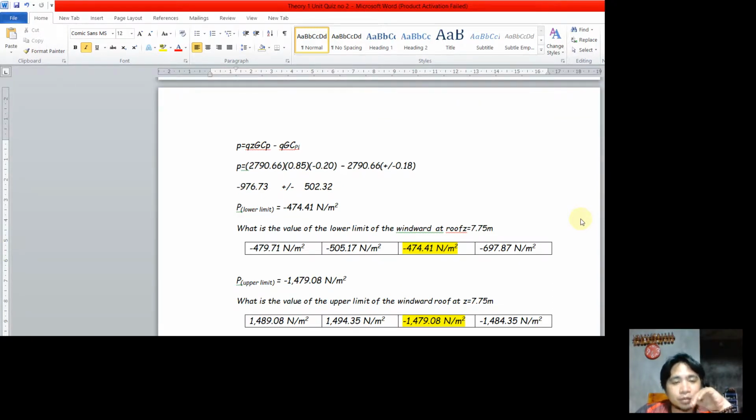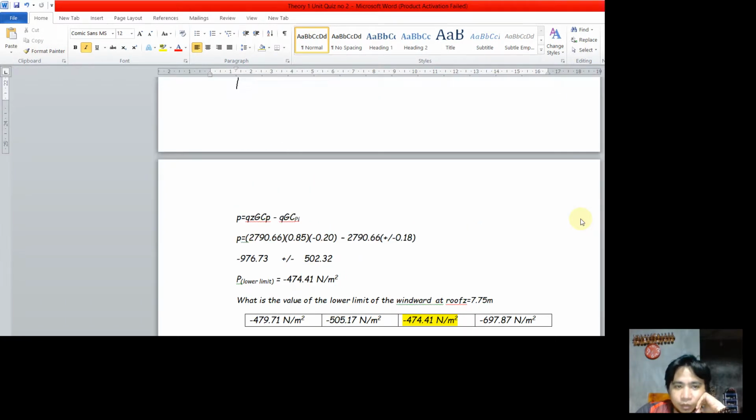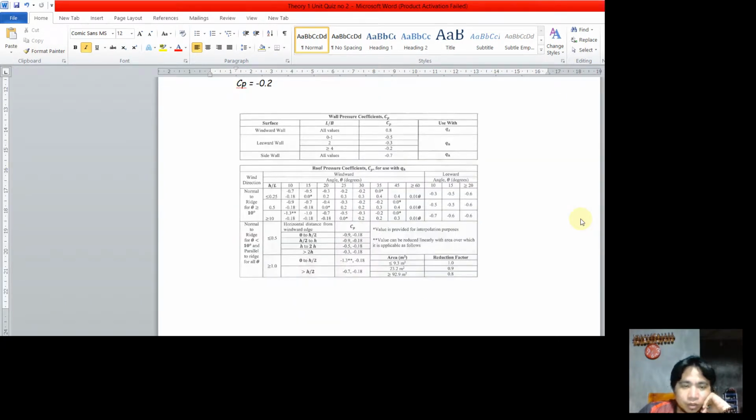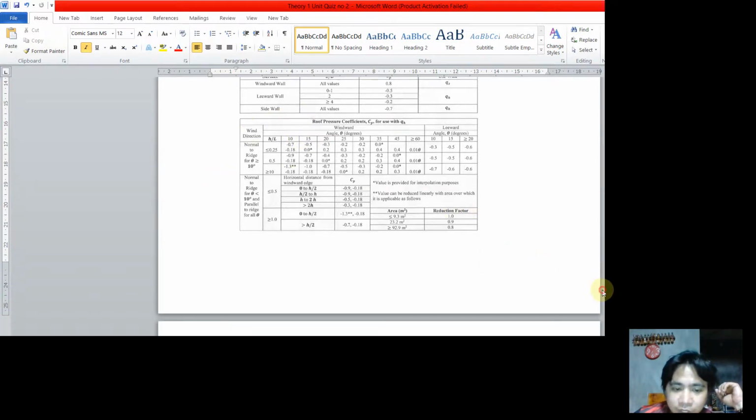Finally, we proceed now to the roof. Of course, we have a 35 degrees angle for that with an H over L of greater than 1.0. Where did we get H over L?